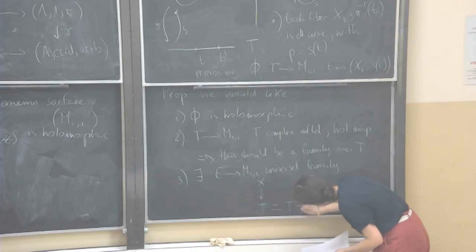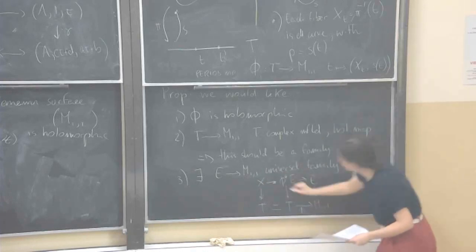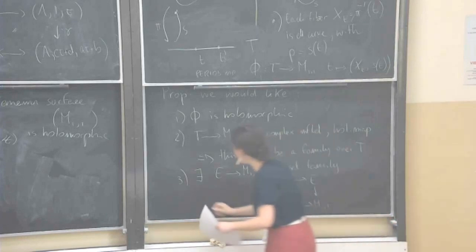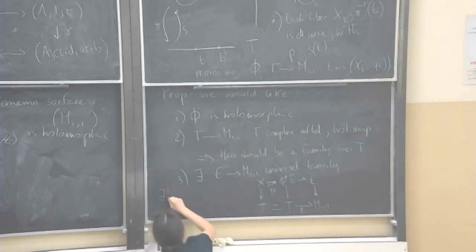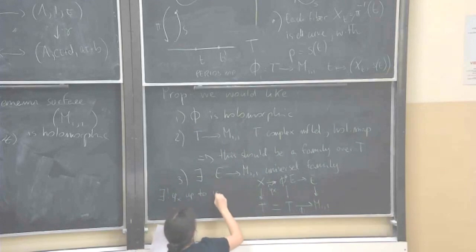Here we have P, and we want this to actually be isomorphic to the pullback. We call this Px, and we want Px to be unique up to isomorphisms of this family that are the identity on the section.